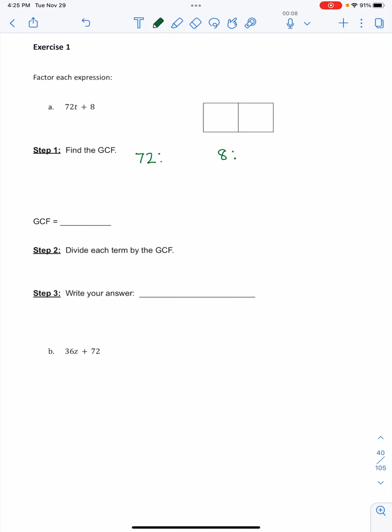So for 72, I have 1 and 72, 2 and 36, 3 and 24, 4 and 18, 6 and 12, and 8 and 9.